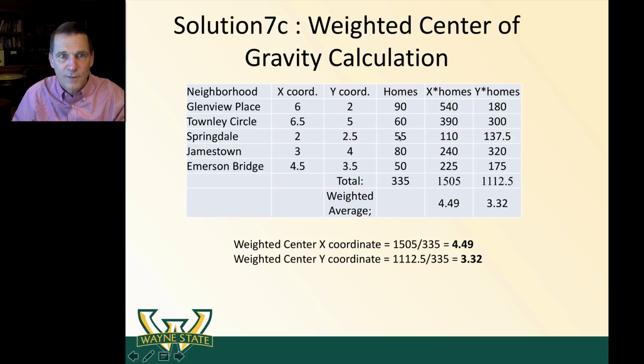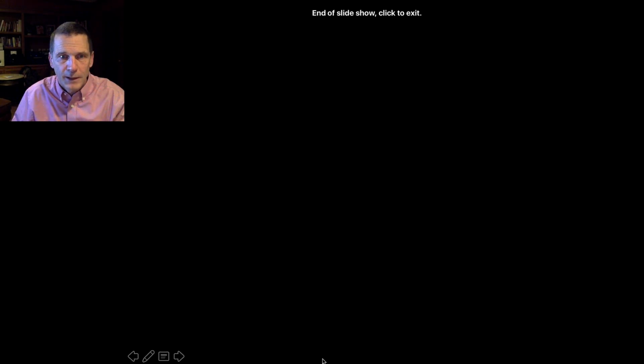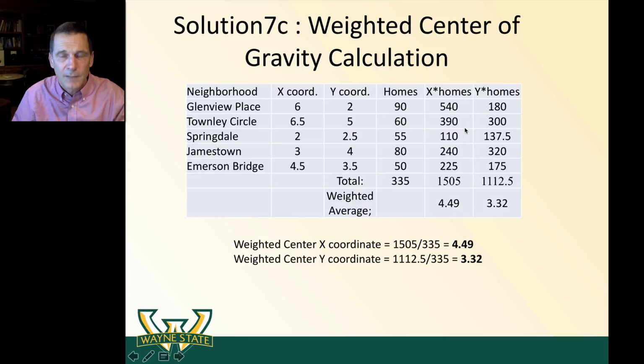So take each one of these and map it out, multiply them across, and then take your Y coordinates. 2 times 90 is 180, 5 times 60 is 300, etc. And flow those across so that we've got the totals over here.